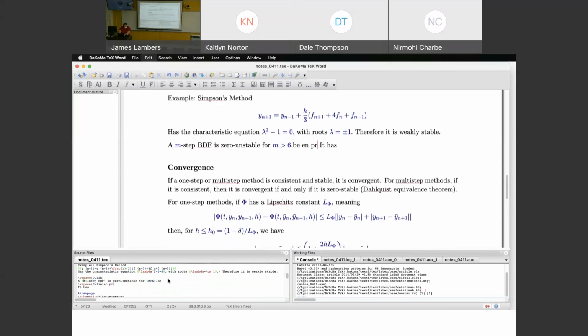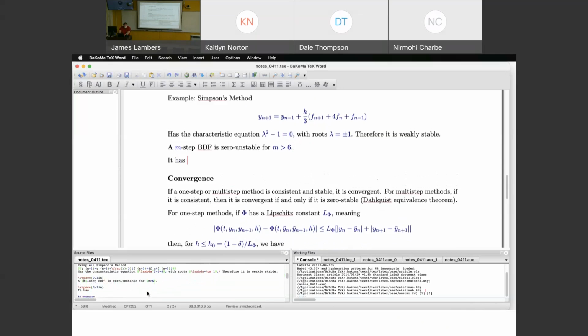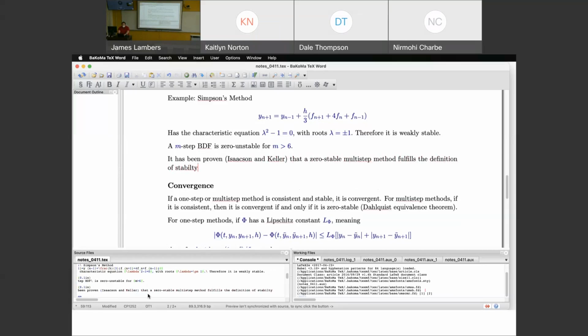However, it has been proven, and I'll just make a note of it here, in a really old numerical analysis text that I also find quite useful, by Isaacson and Keller, that a zero stable multi-step method, whether strongly or weakly, fulfills the definition of stability.